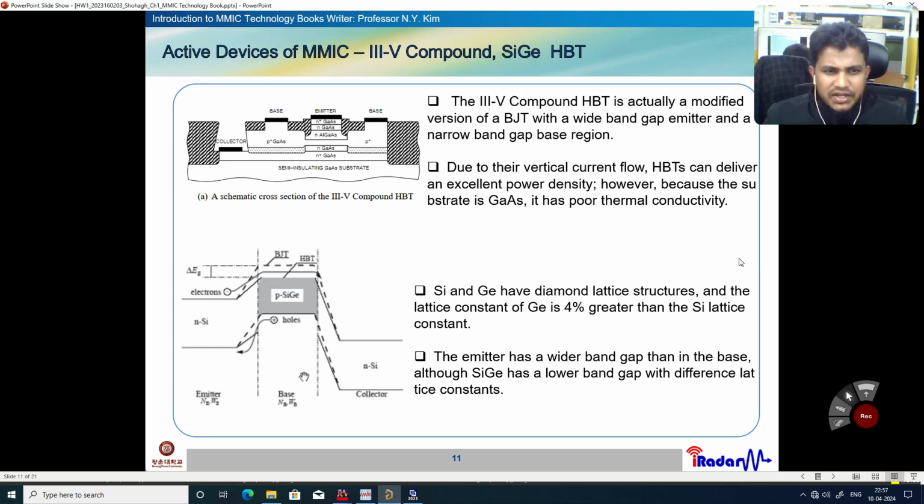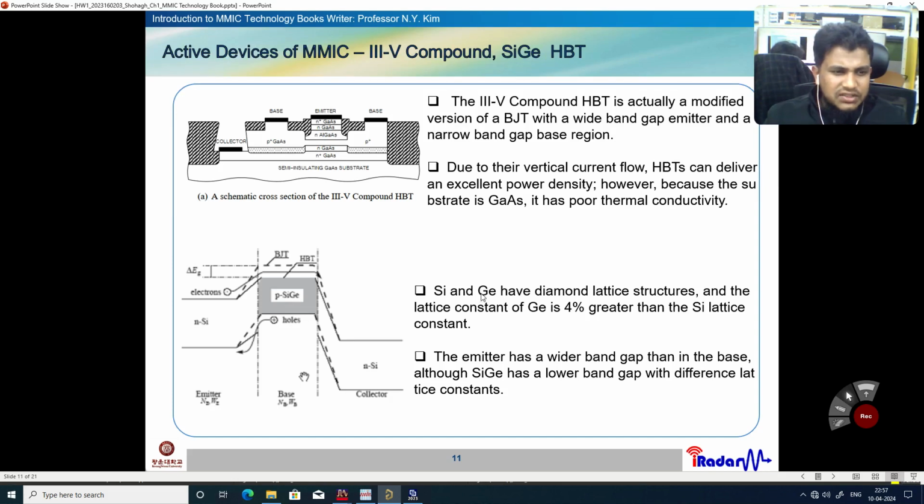Due to their vertical current flow, HBTs can deliver excellent power density. However, the gallium arsenide substrate has poor thermal conductivity. So we are using some gallium arsenide substrate for our group 3 and group 5 components in the periodic table.